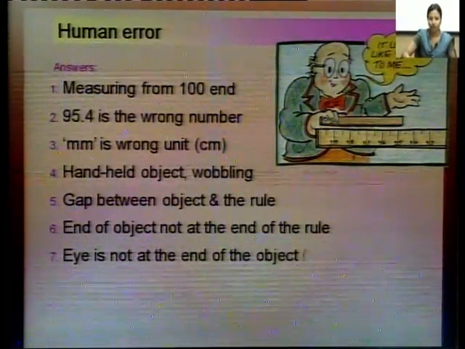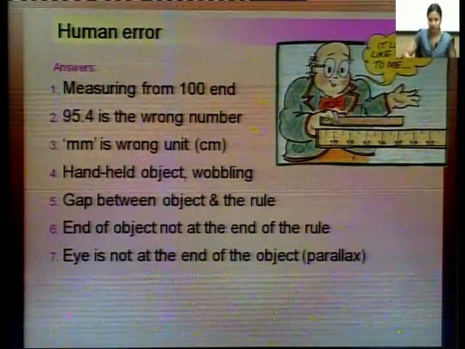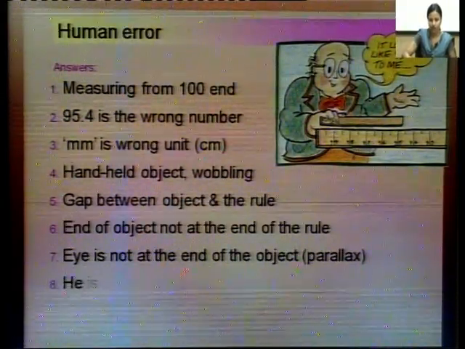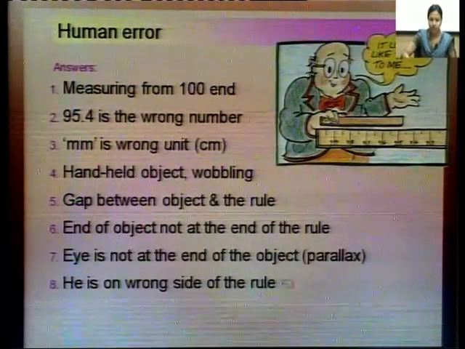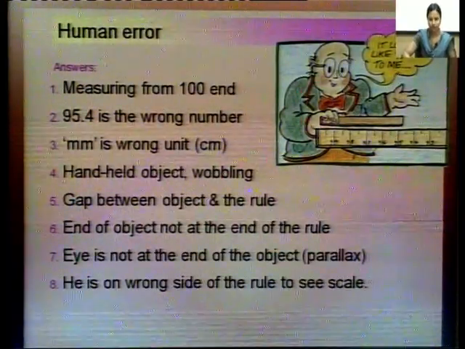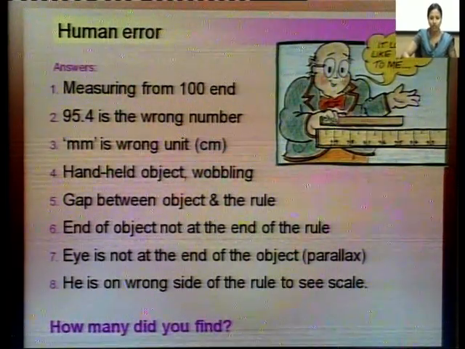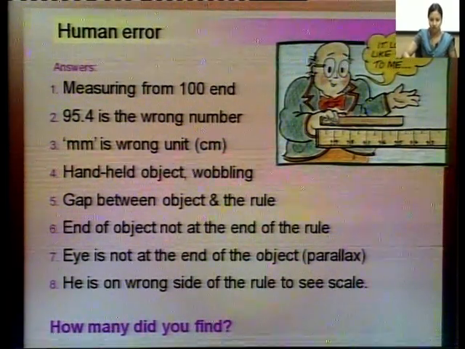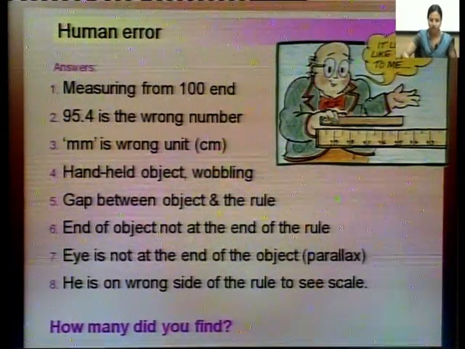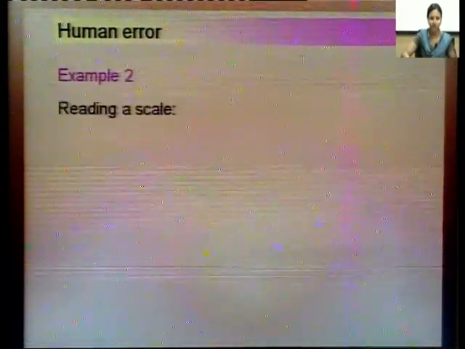It is not at the end of the object, that is a parallax error. He is on the wrong side of the ruler to see the scale. So all these are the 8 types of mistakes he is making. These all come under human error.